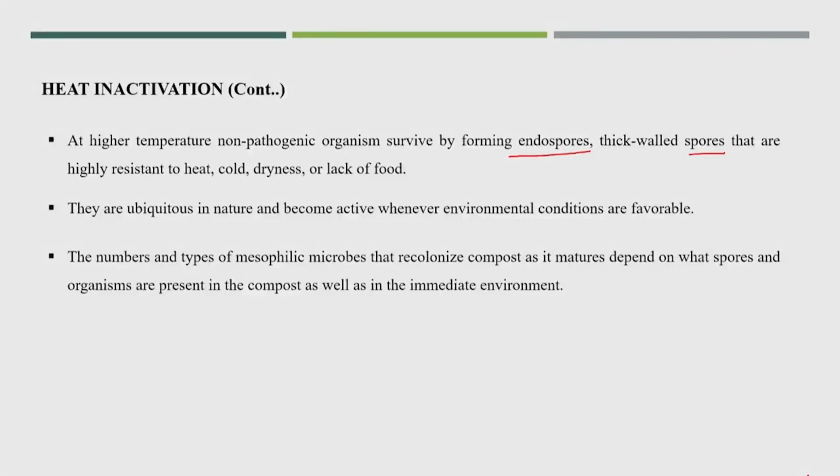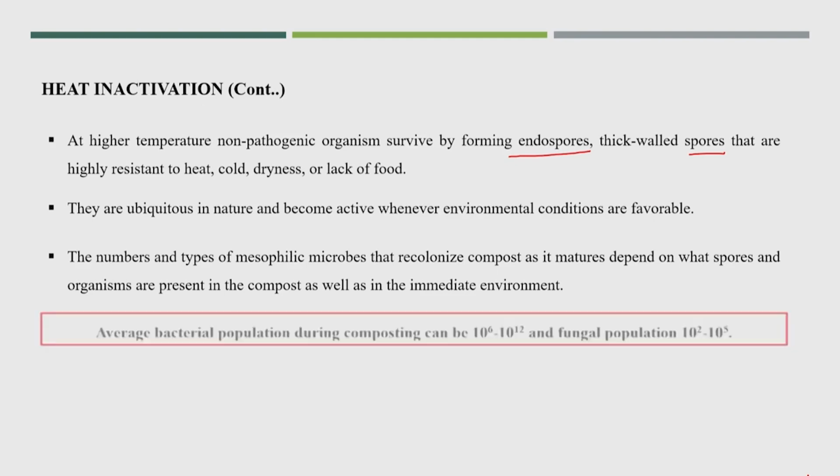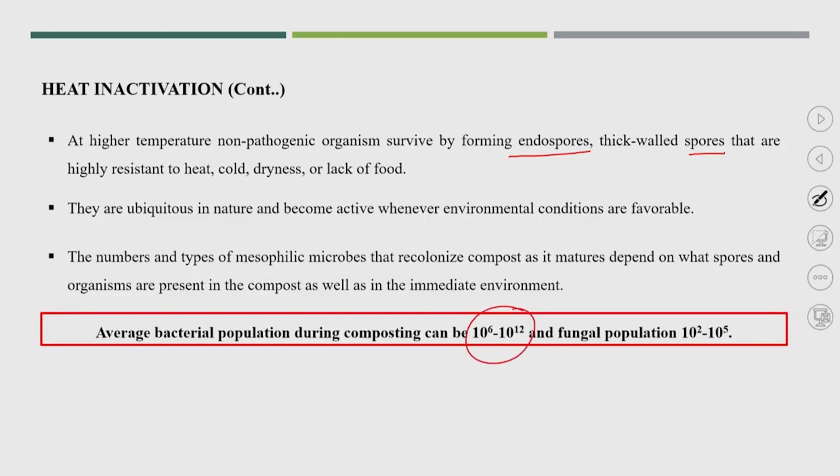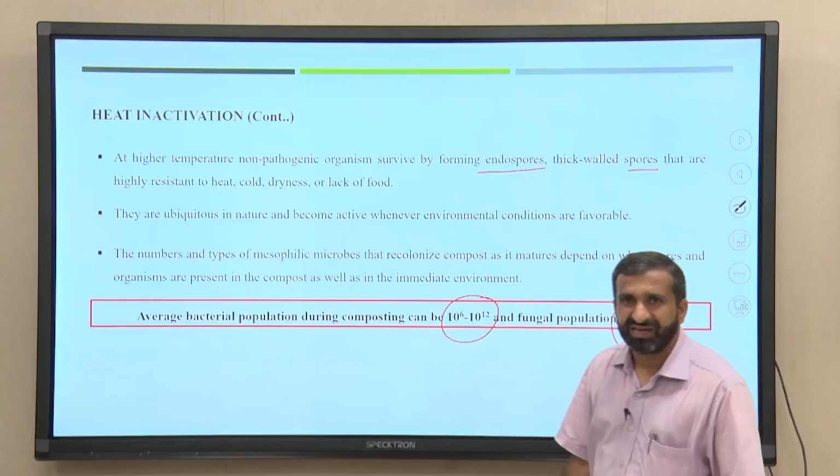Okay. So, the number and types of mesophilic microbes that recolonize compost as it matures depend on what spores and organisms are present in the compost as well as in the immediate environment, after the thermophilic temperature. So, average bacterial population during composting could be 10 to power 6 to 10 to power 12, and fungal population 10 to power 2 to 10 to power 5, as different researchers have found.